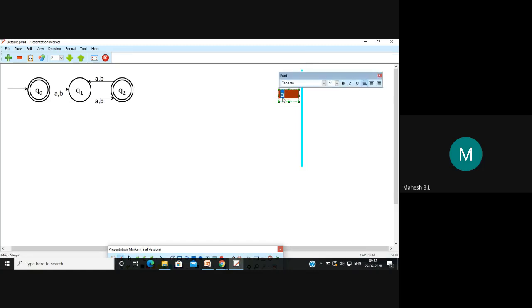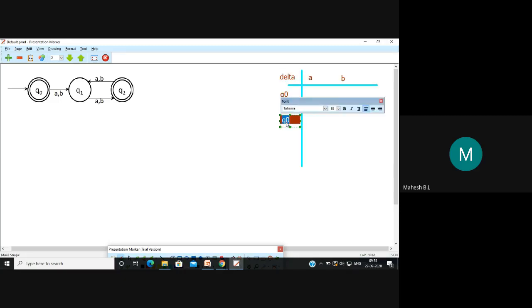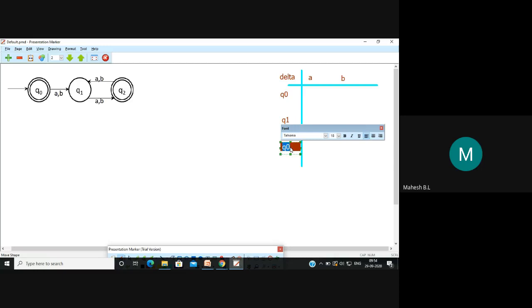So you have Q0 as one state, then you have Q1, then you have Q2. So these are the states.